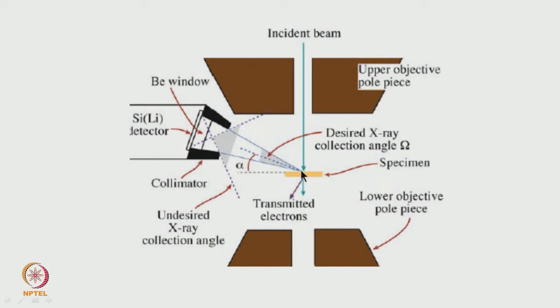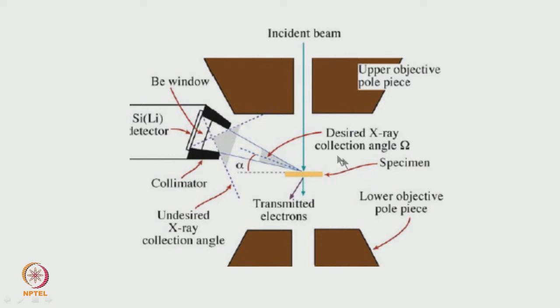The other one is that, as I mentioned, when a K-shell ionization has taken place, the atom can come down to a ground state by emitting characteristic X-rays. These characteristic X-rays can be detected using a Si(Li) detector. This can be used to find out the elements which are present in the sample surface.